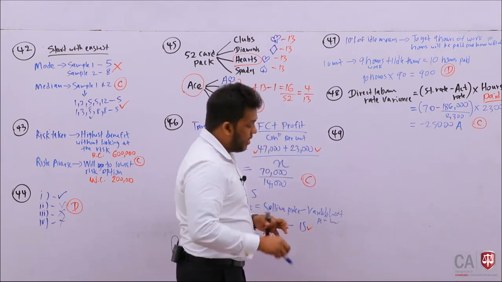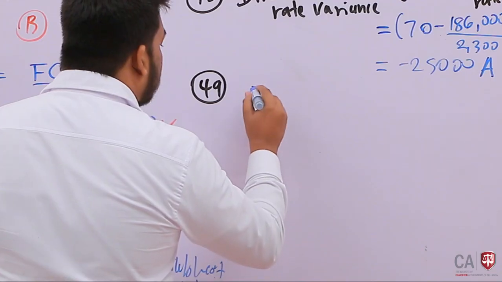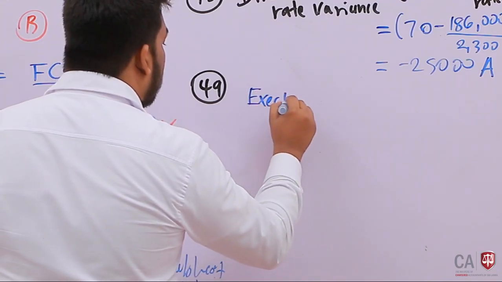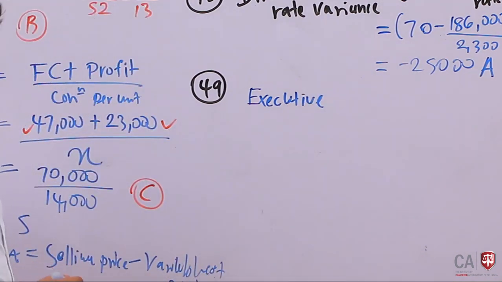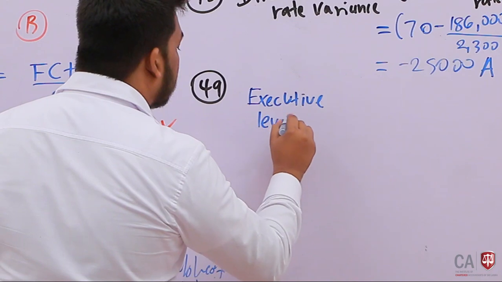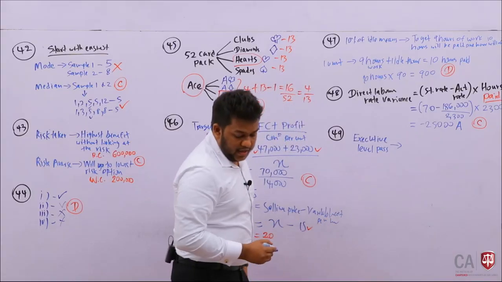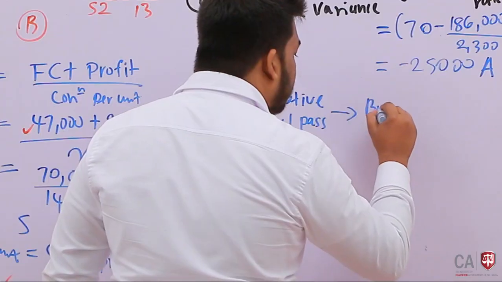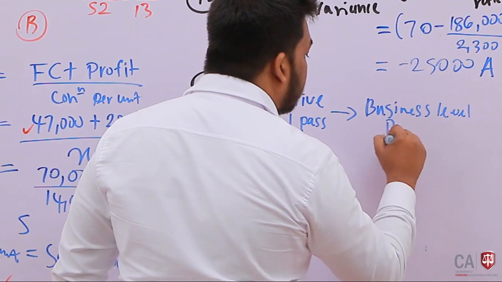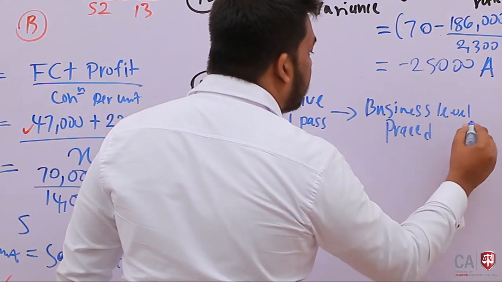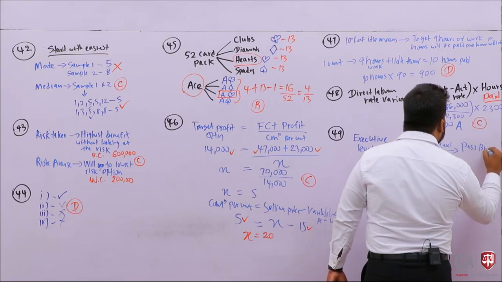So how is this happening? First of all, you have to pass the executive level. Then you have to proceed for business level. Then you have to pass business level.